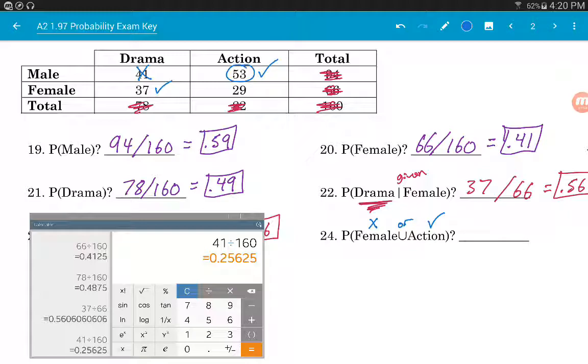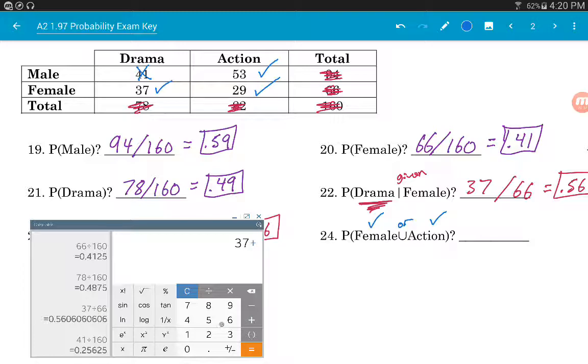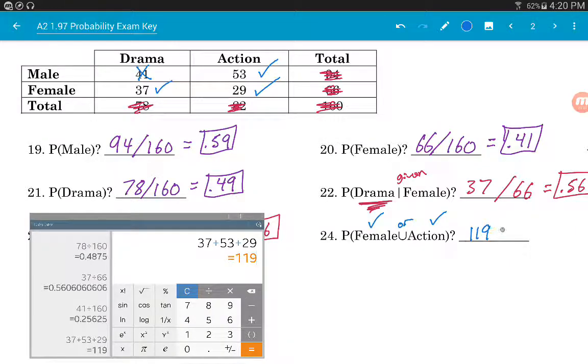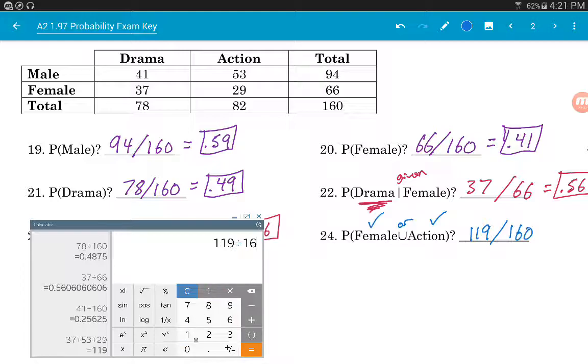So they are coming along. And lastly, these 29, they are female, and they prefer action. It's double good, so they will be invited. So I'm going to add these up. 37 plus 53 plus 29 is 119 out of the total, which is 160. So 119 out of 160 is 0.74.